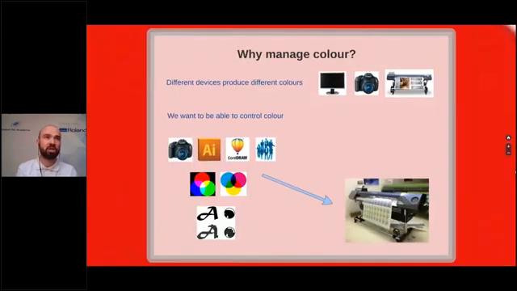Okay, so that's a bit about RGB, CMYK, and LAB. And just to break down again, why are we managing color? Because different devices produce different colors, and we're trying to recreate colors across different devices. And we want to be able to control that color. We also have a number of different sources for our color, especially when it comes to digital print. It could be a photograph from a digital camera. It could be a design created in a digital design program such as Illustrator or Corel, SignLab, anything like that.